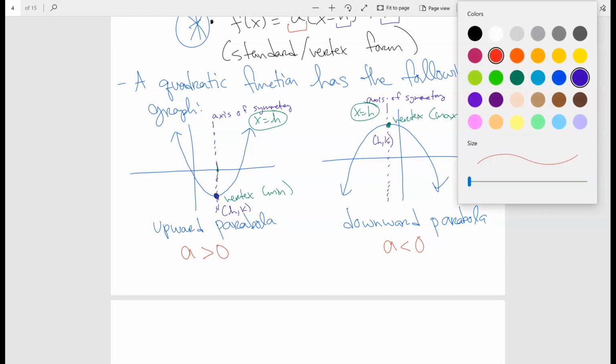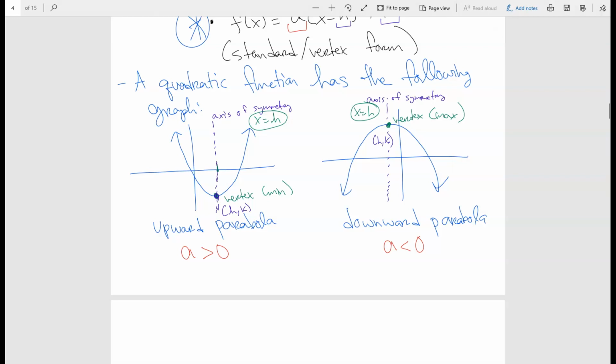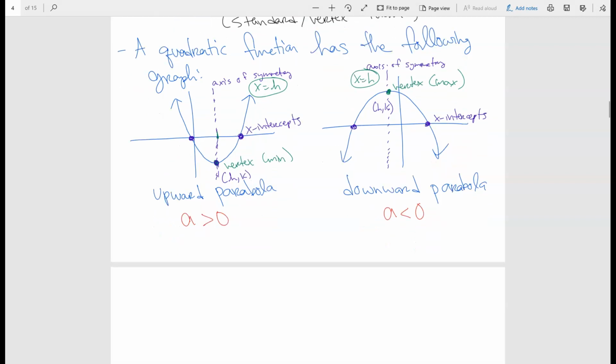And then one last thing, you have these guys right here that are on the x-axis. These are what we call the x-intercepts. So this guy and this guy, we call them the x-intercepts. Now, sometimes a parabola may have x-intercepts, sometimes it may not. If you have a parabola floating in the sky, notice that it's not touching the x-axis at all.